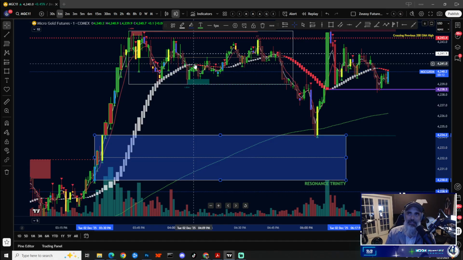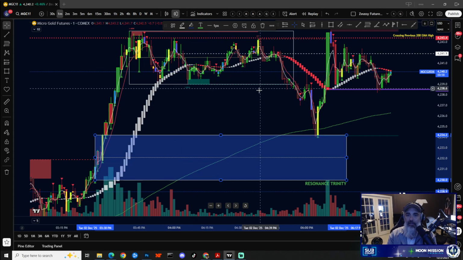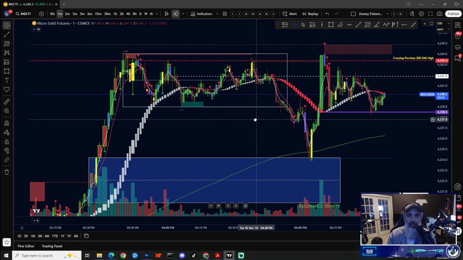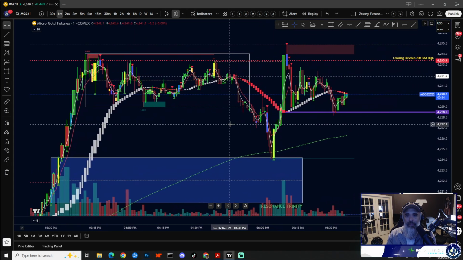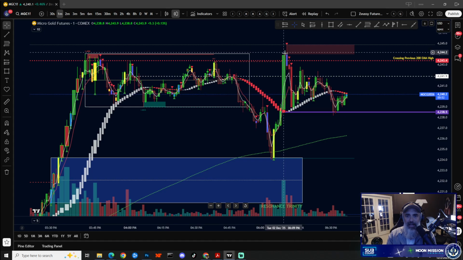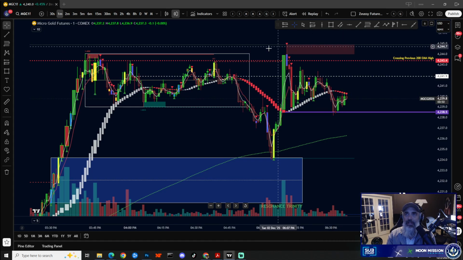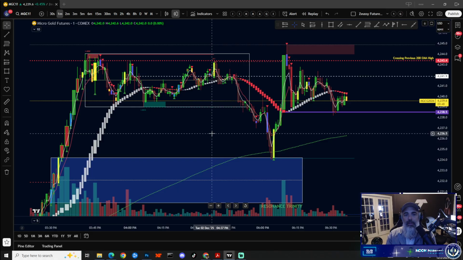But you won't find a lot of ICT methodology here. There's a little bit with liquidity pools, and I've got a great indicator that's free that everyone can use for that by the amazing people over at LuxAlgo. They've got a really nice liquidity pool identifier.